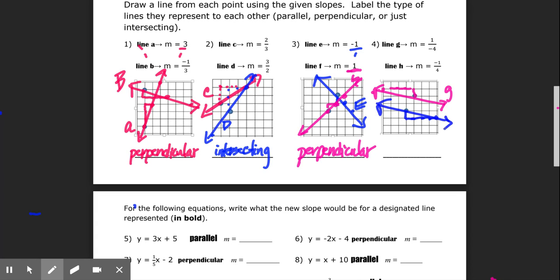The only thing different is that line G has the negative in the denominator, and line H has the negative in the numerator. It doesn't matter where your negative goes in a fraction. You just can't have a negative in both the numerator and denominator, because a negative over a negative would be a positive. So these are parallel.